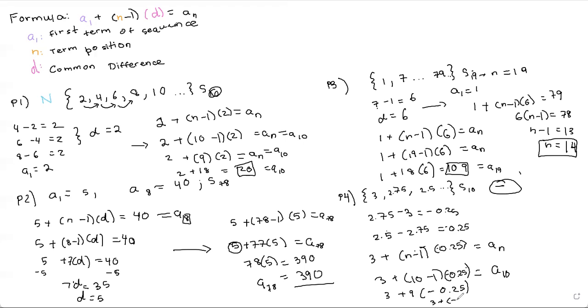Plus negative 2.25, and we see that this is equal to 0.75, which is equal to a10. Yep, that is the right answer.